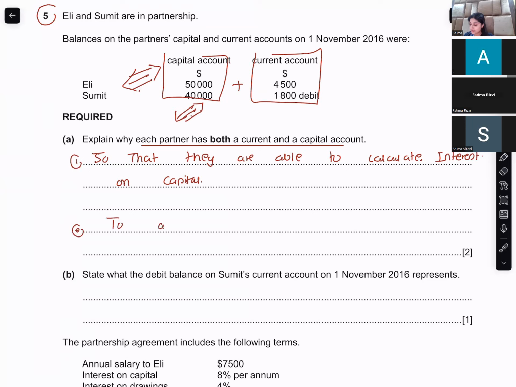To allow easy comparison of drawings and profit share. You need to learn this theory answer, it normally comes.